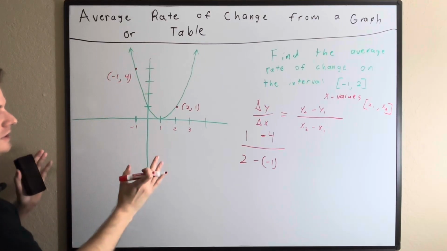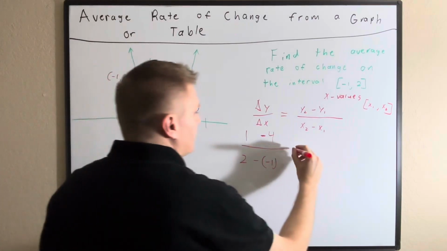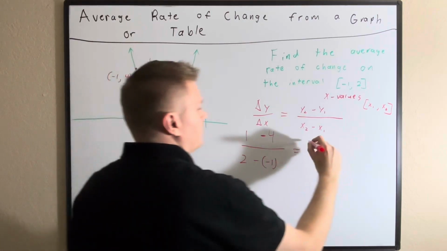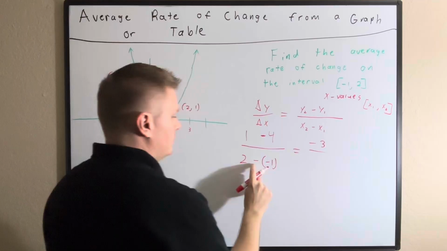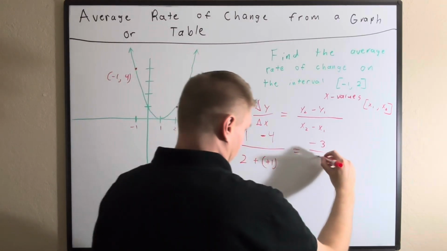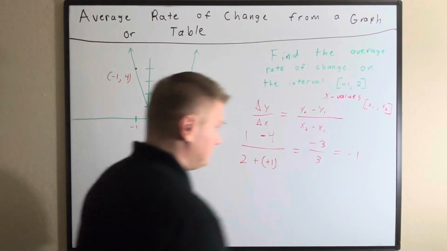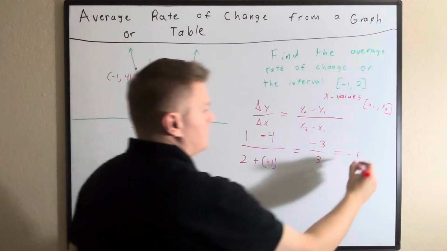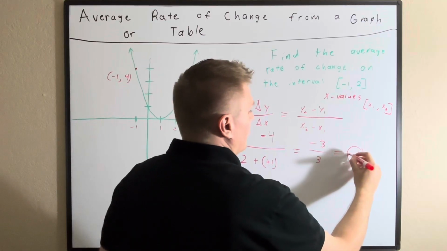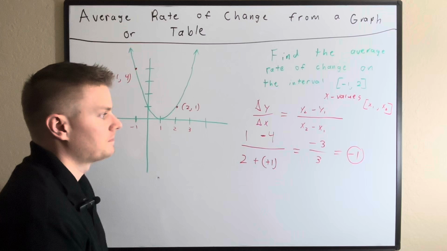Those are the 2 points we're dealing with, and we just put their values in, and we do the math. 1 minus 4, -3, over 2 minus -1, or 2 plus 1 is 3. -3 over 3 is -1, right? And that is your average rate of change over the interval -1 to 2, okay?